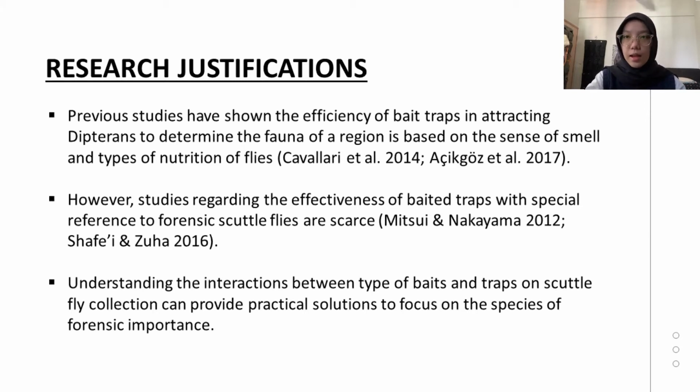Previous studies have shown the efficiency of bait traps in attracting dipterans to determine the fauna of a region, based on the sense of smell and types of nutrition of flies. However, studies regarding the effectiveness of baited traps with special reference to forensic scuttleflies are scarce.